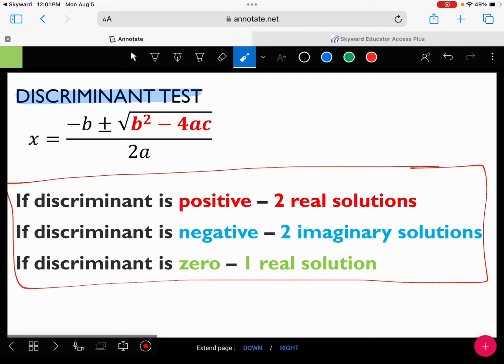If you're asked to find the discriminant, you don't need to do the entire quadratic formula. You're only going to do b squared minus 4ac. So in the homework 1, there's a few questions where all you have to do is find a discriminant. You don't have to do the whole thing.